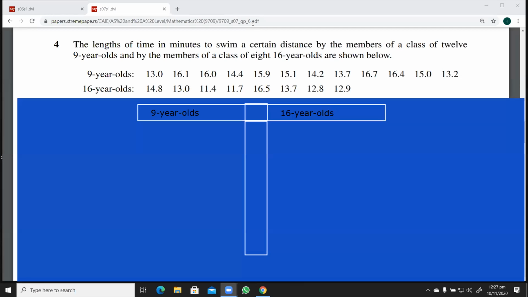I'll be taking the smallest as 11s. Is there anyone in 10s? No. So this is going to be 11, 12, 13, 14, 15, 16, 17. Do we have 17? No.